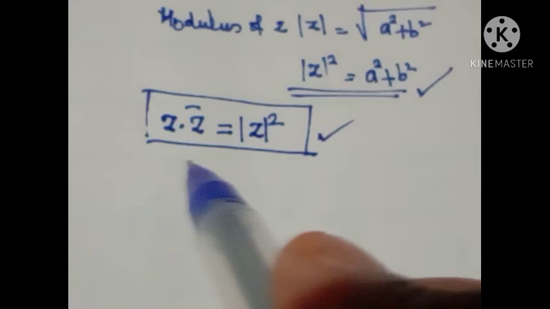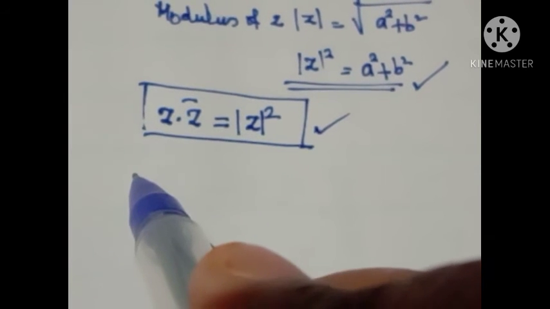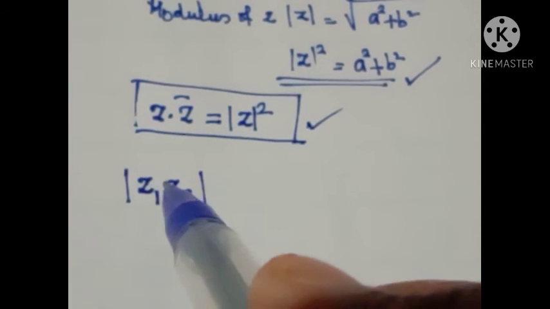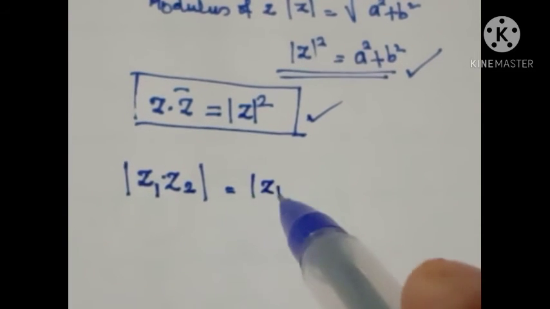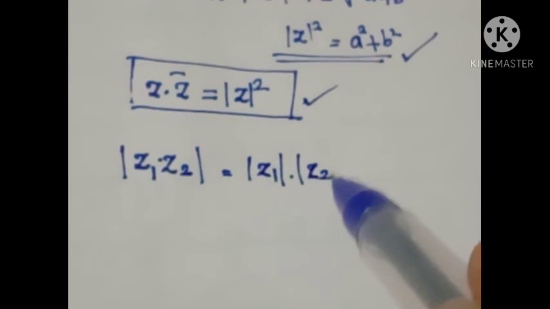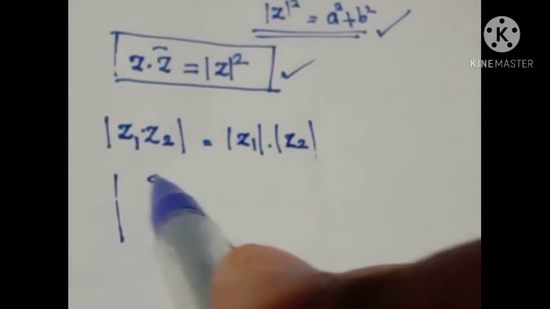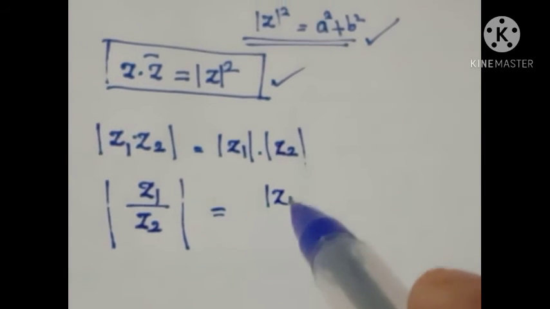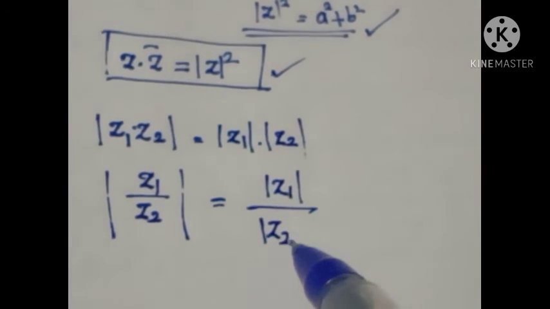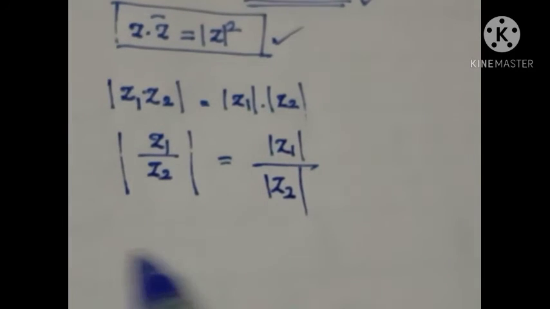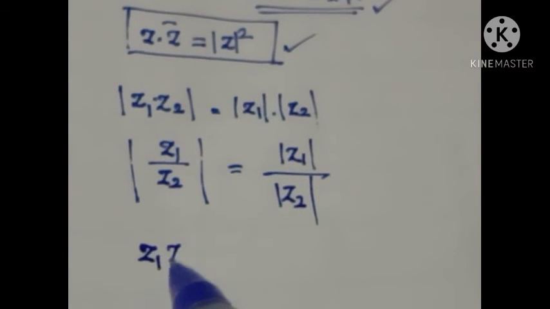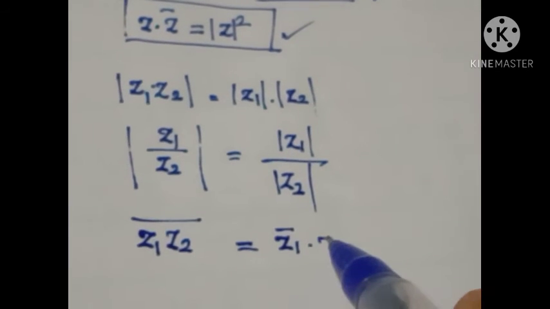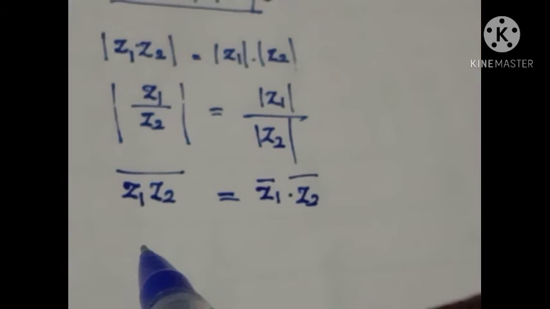Now using modulus and conjugate we can define some identities also. Listen. Modulus of Z1 into Z2 is the same as modulus of Z1 into modulus of Z2. Similarly, modulus of Z1 by Z2 is equal to modulus of Z1 by modulus of Z2. Then using conjugate, (Z1 into Z2) whole bar is equal to Z1 bar into Z2 bar.